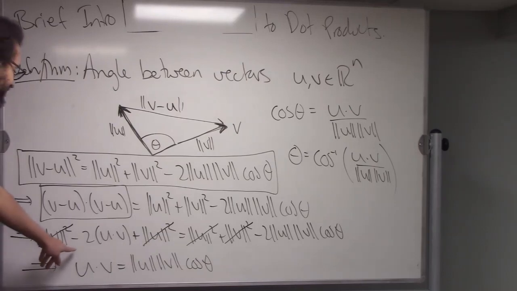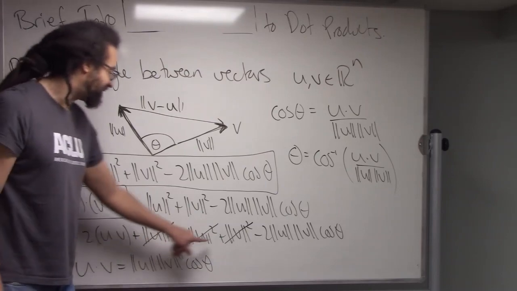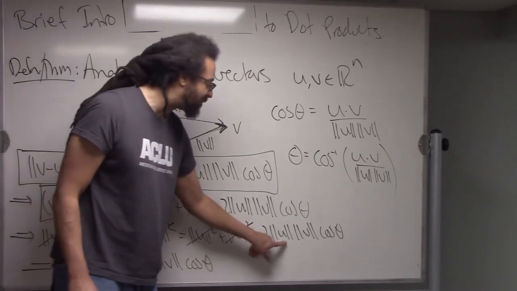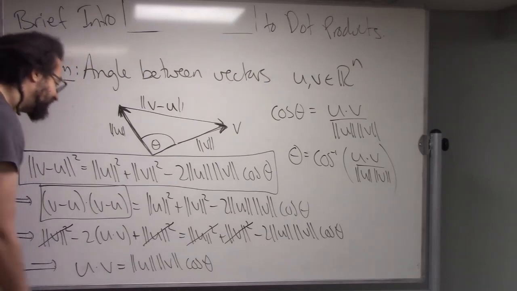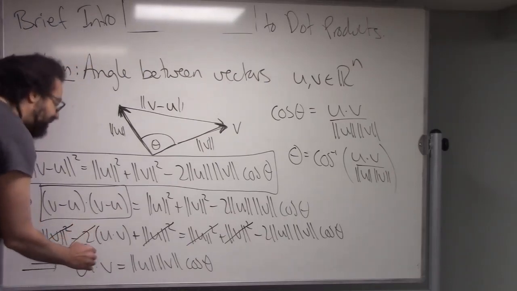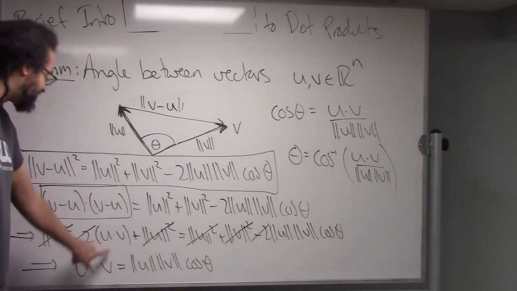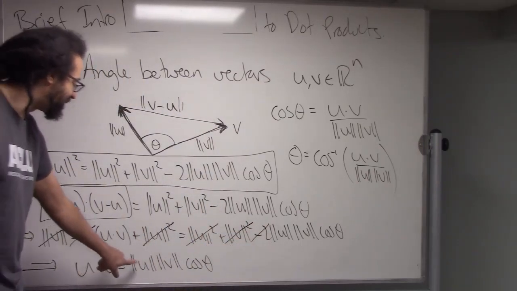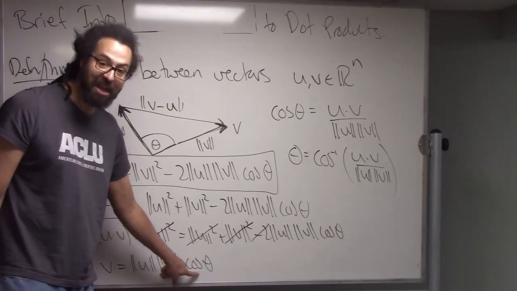Now we get negative 2 u dot v is equal to negative 2 the magnitude of u, the magnitude of v times the cosine of theta. Of course, now we can scratch off multiplying by negative 2. So at the end, we just get u dot v is equal to the magnitude of u times the magnitude of v times the cosine of theta.